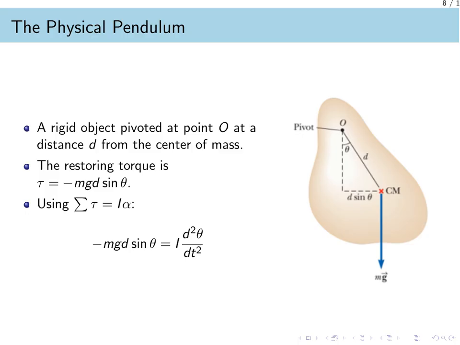The magnitude of this torque is negative mass times gravity times the distance d times the sine of the angle theta. By using the rotational version of Newton's second law, which states that the sum of torques equals the moment of inertia times angular acceleration, we can set up a new differential equation to describe how this solid object will swing.